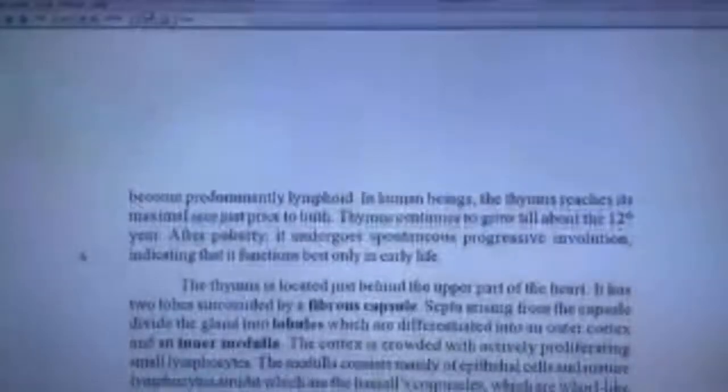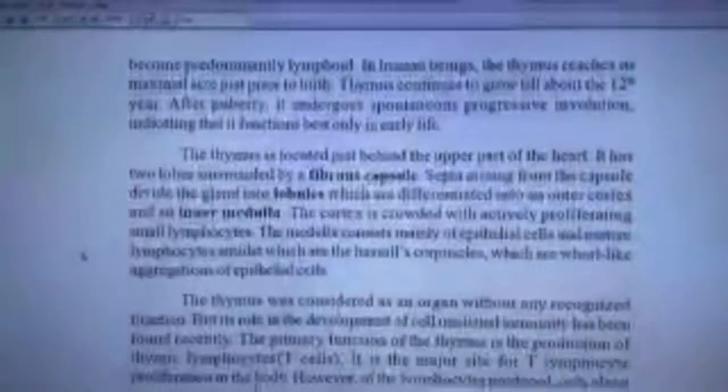Its characteristic lymphoid appearance is seen by the third month of gestation, and thus it is the first organ in all animal species to become predominantly lymphoid. In human beings, the thymus reaches its maximal size just prior to birth.